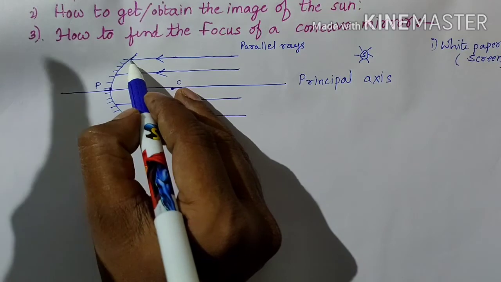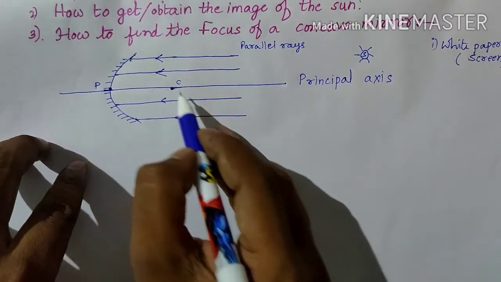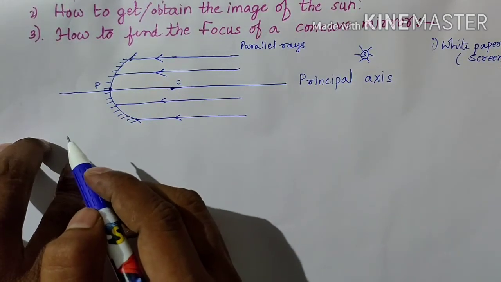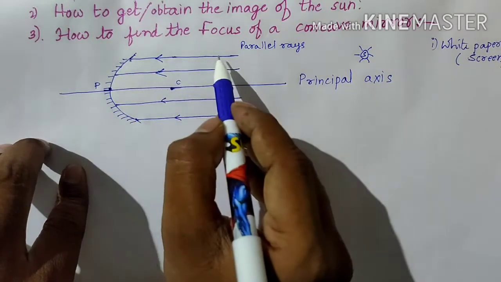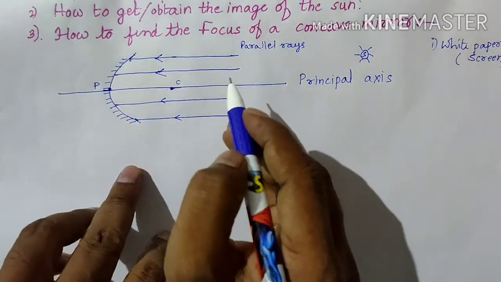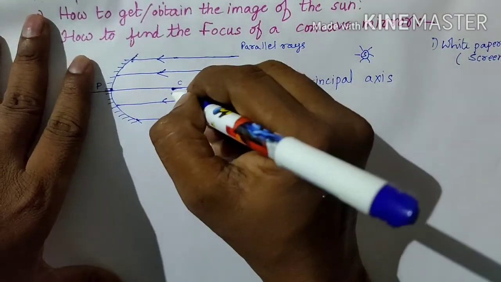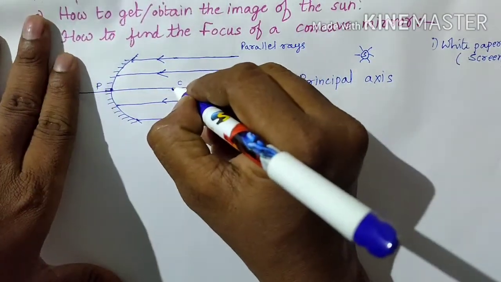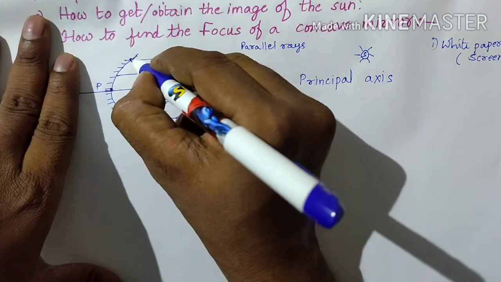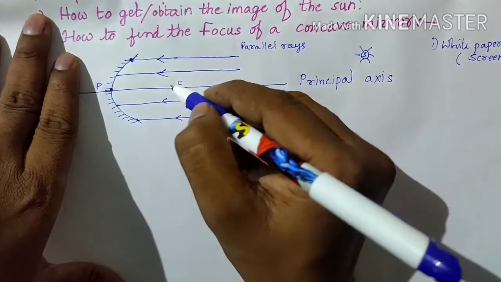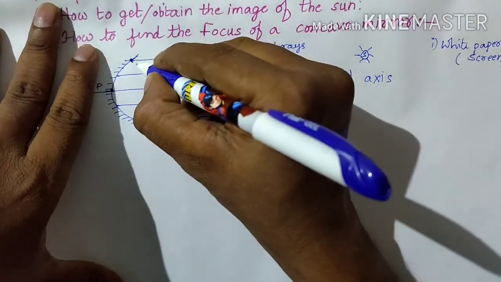To draw a reflected ray for a parallel ray, you must draw a normal. The normal is drawn from the center of curvature to the point of incidence. This is the point of incidence, this is the center of curvature. Now I am drawing the normal like this.